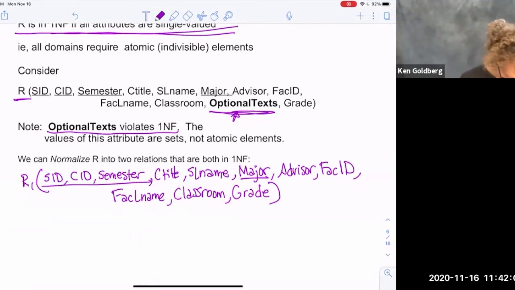So what do I do? Let's call that 1, then we'll create this as 2. I want to be able to capture which textbooks are required for which class.